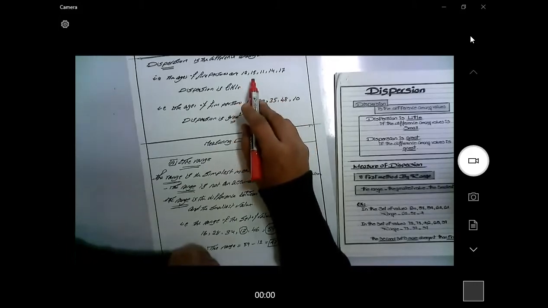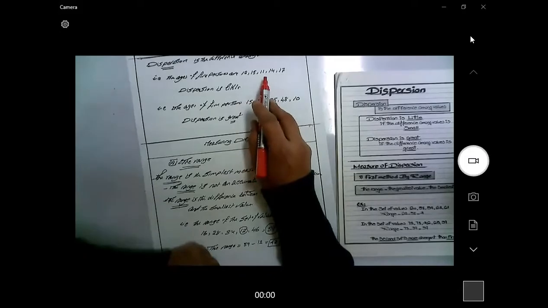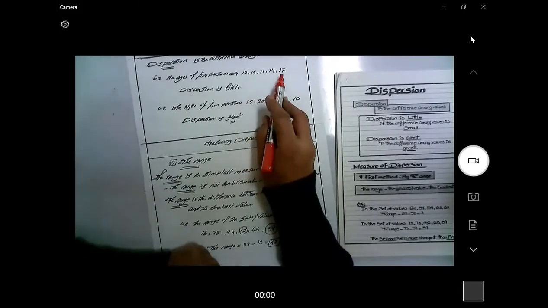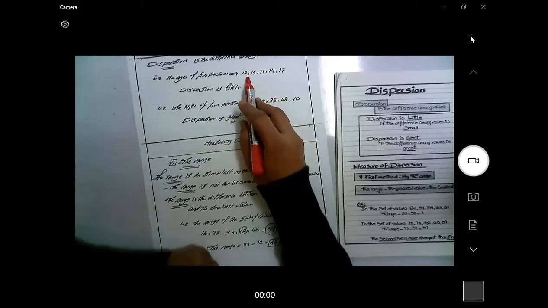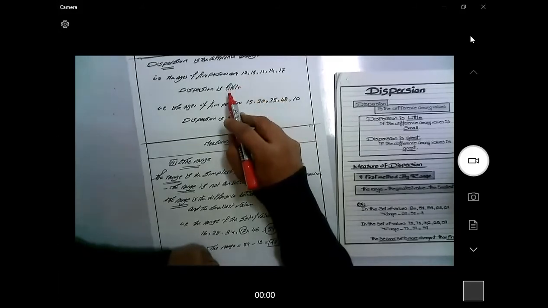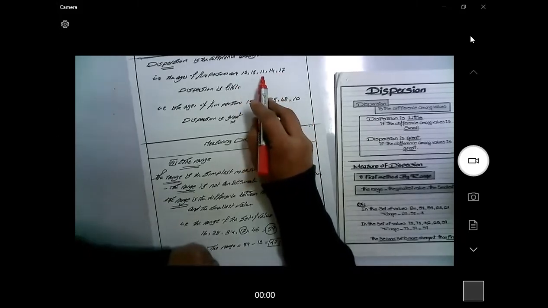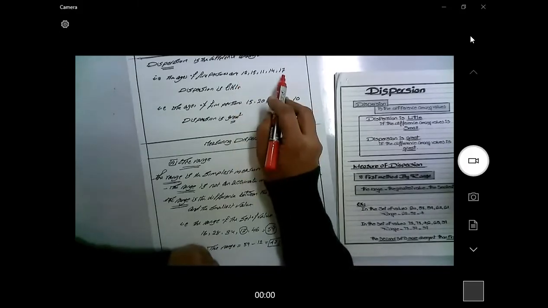The difference between their ages is little. This is called little dispersion. Then the difference among the values 12, 15, 11, 14, 17 is little.